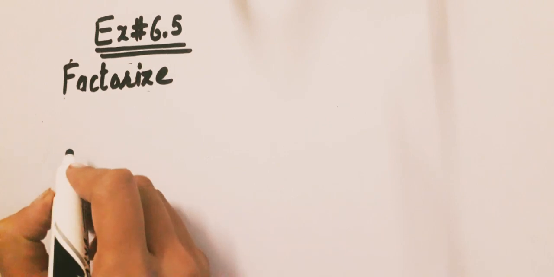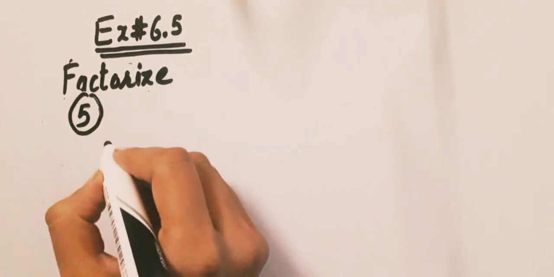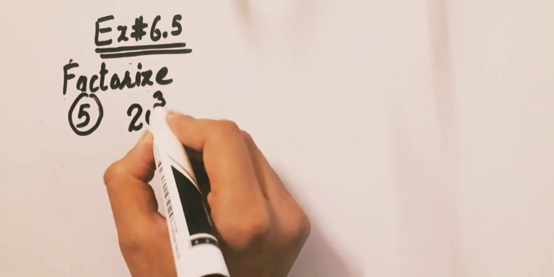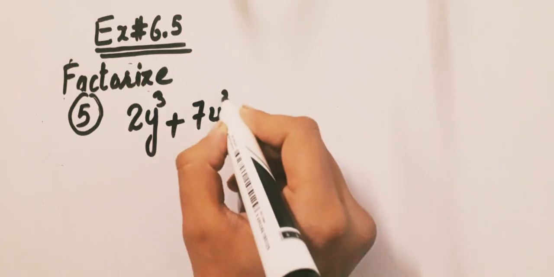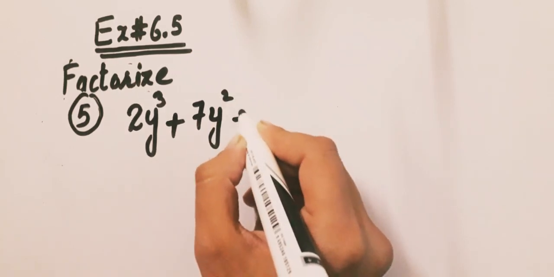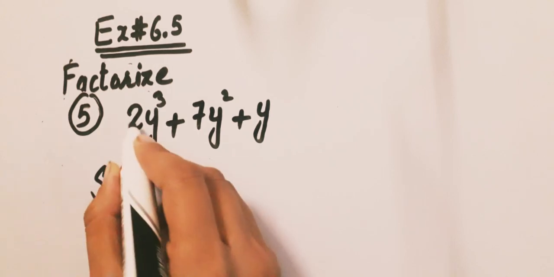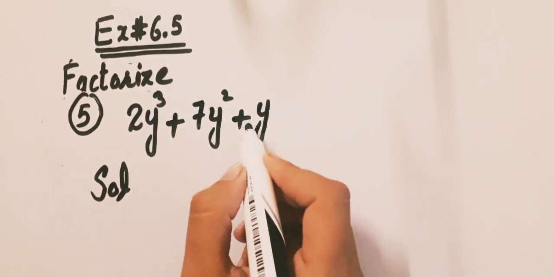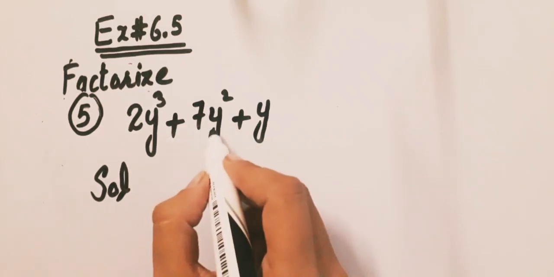Now we will solve the fifth, that is 2y cube plus 7y square plus y. Now 2, 7, 1, these are prime, so you cannot take any number as common.